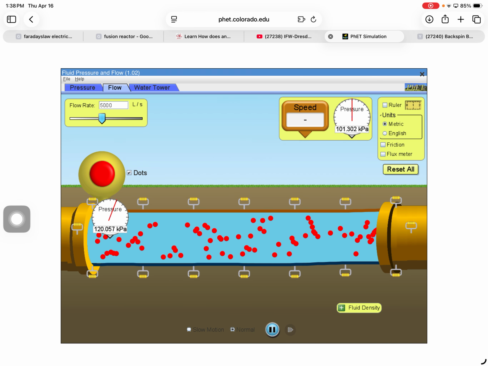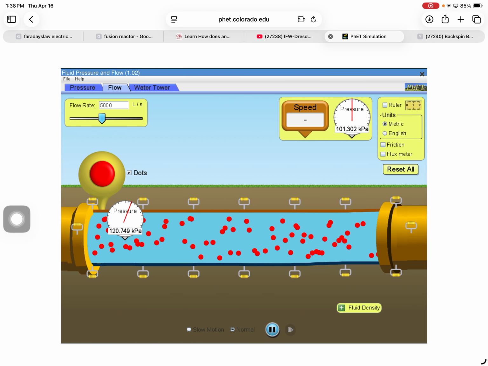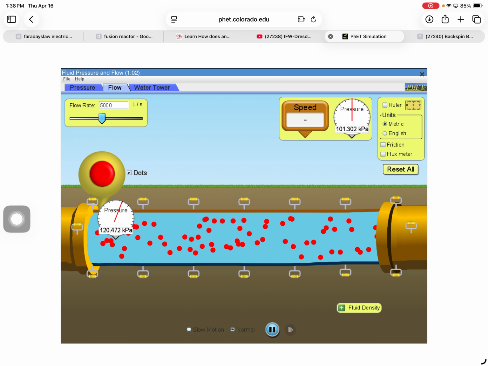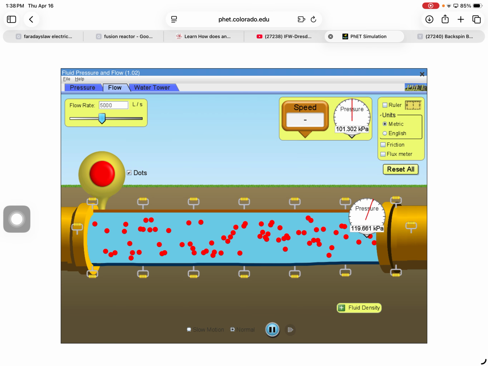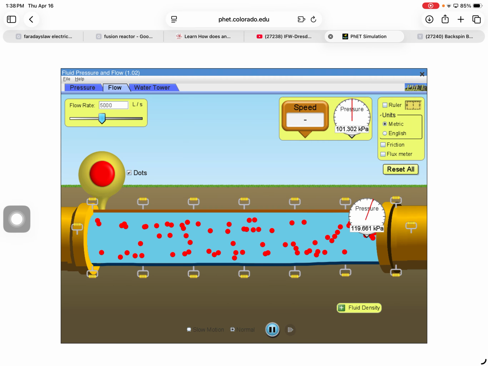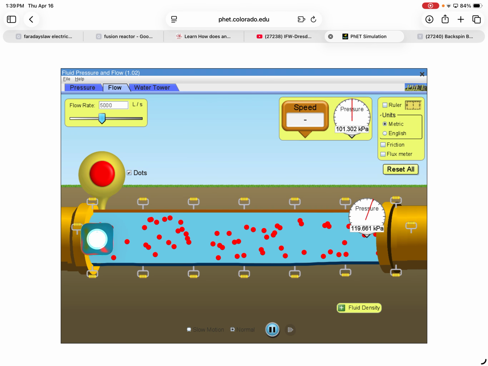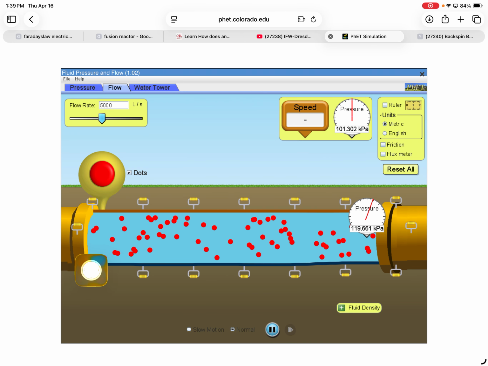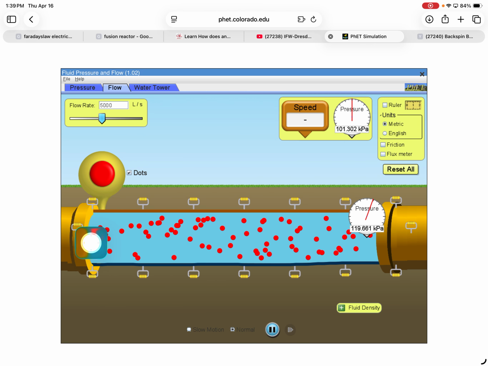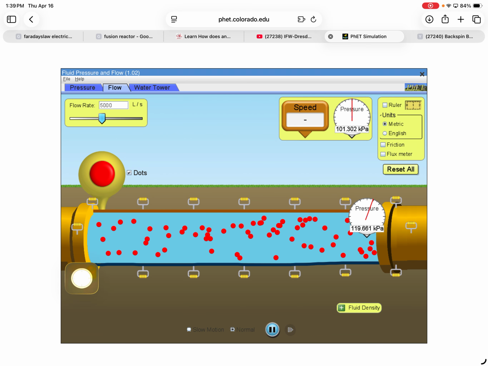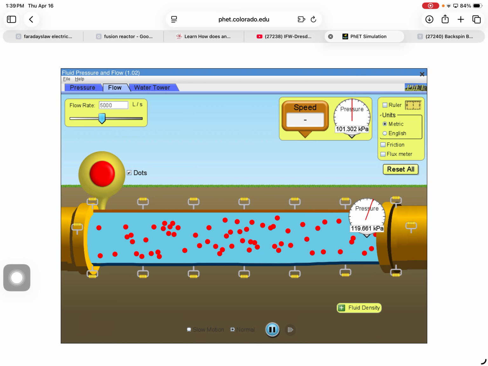And here's what I want you to remember. In most situations that we apply, P1 plus 1/2 rho V1 squared plus rho g h1 equals P2 plus 1/2 rho V2 squared plus rho g h2, and the height terms will be equal, so we'll erase them.